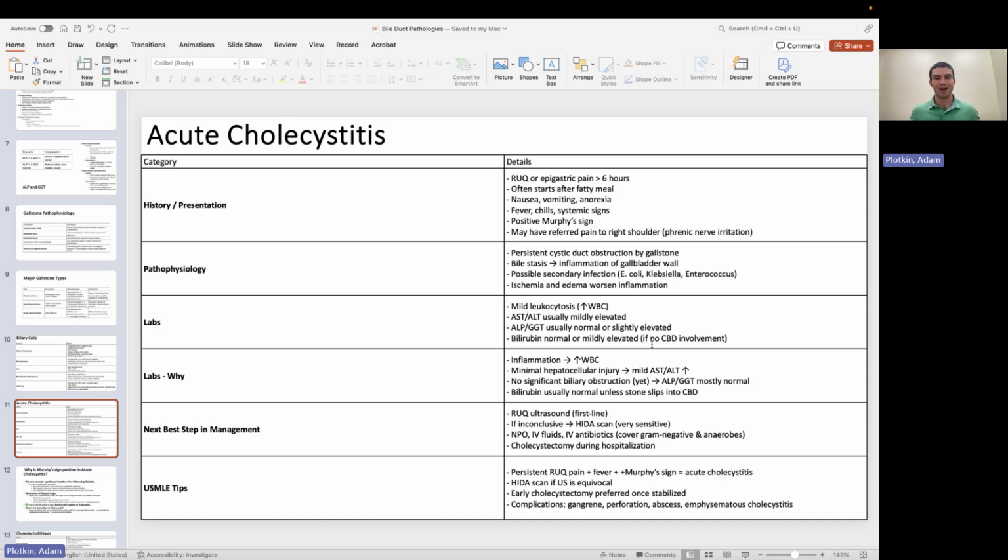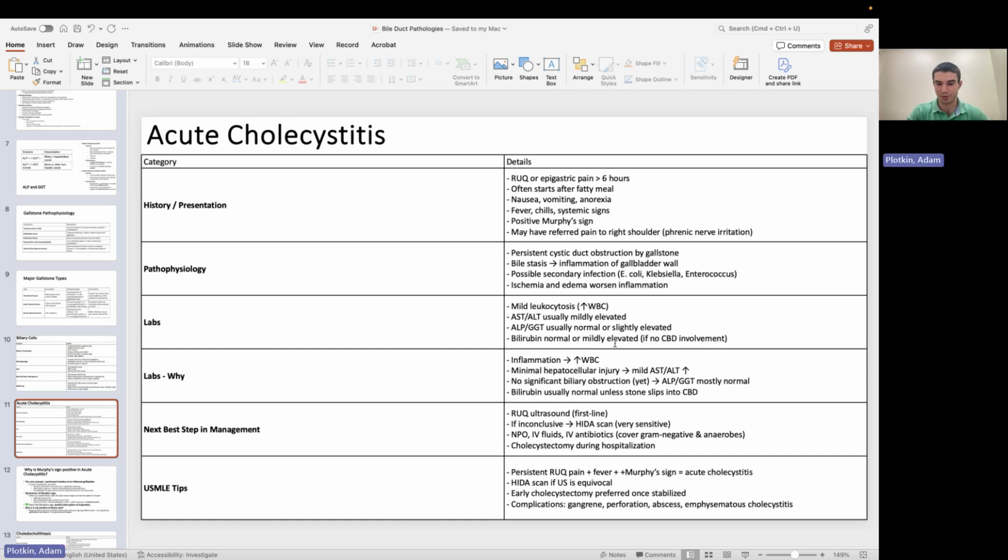So we may get some, but we're not going to get this massive rise in ALP and GGT like we might see in choledocholithiasis or cholangitis. And we're not going to see a super high level of AST and ALT like we might see in choledocholithiasis or cholangitis, where that bile is just constantly refluxing back and causing hepatocellular injury.